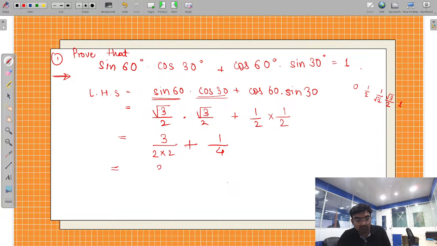So what we got? 3 by 4 plus 1 by 4, that is 4 by 4, and that is equal to 1. Got it? Hope this is clear to you. So this is how the questions will be asked for class 9 level.